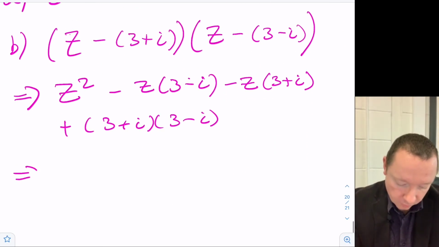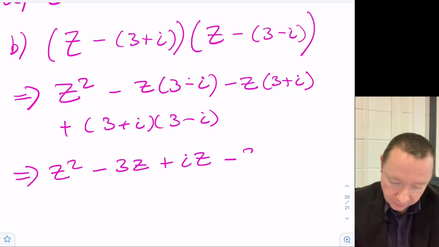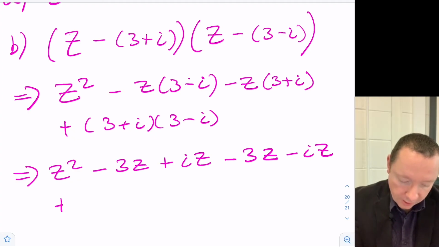So that implies we've got z squared minus 3z plus iz minus 3z again minus iz plus 9 minus 3i plus 3i is nothing, minus i squared.